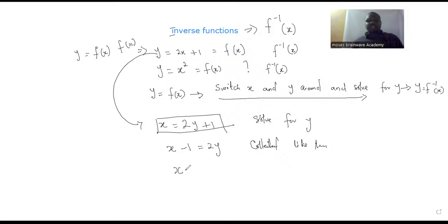So I have x minus 1 over 2 is the same thing as 2y upon 2. Basically, I'm going to get y is equal to x minus 1 upon 2. And this is what we have as the inverse of this particular function. How cool is this? How simple is this?